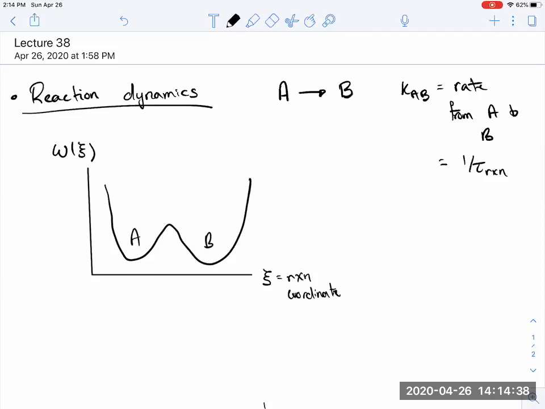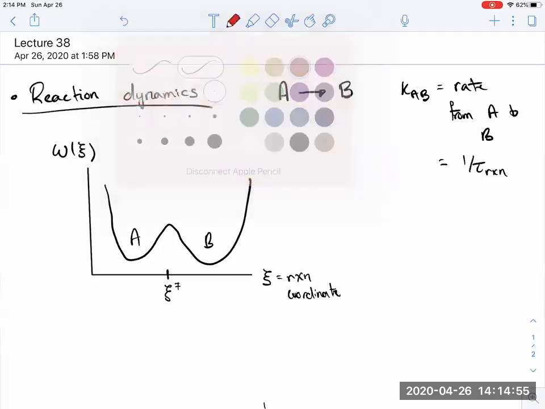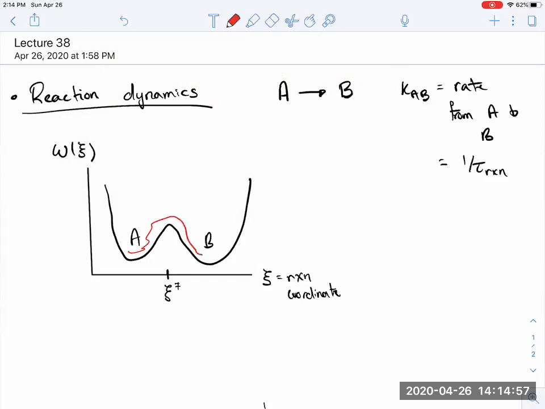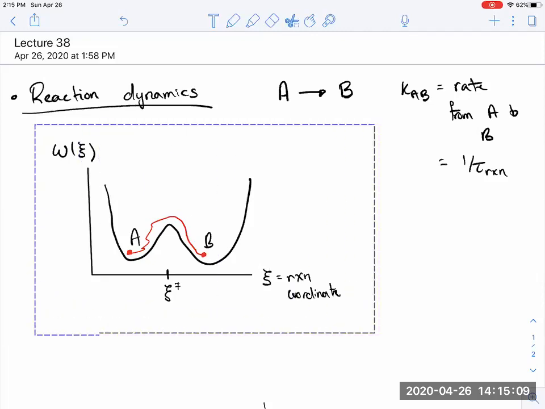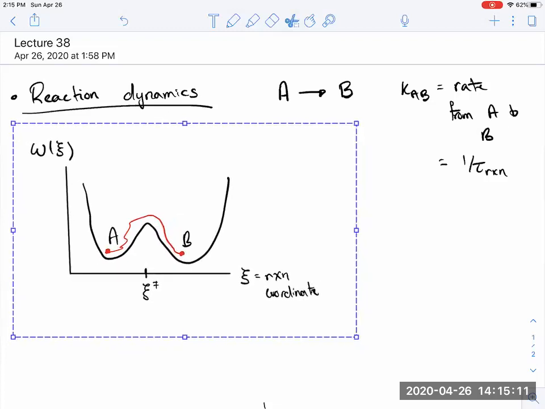So we have a reactant basin in A, a product basin in B, and separating those two with some barrier we called the transition state, the place where the system has to wait for a fluctuation to take it between A and B. And when viewed from this perspective, why rates of chemical reactions are slow is because they have to wait for that rare fluctuation.